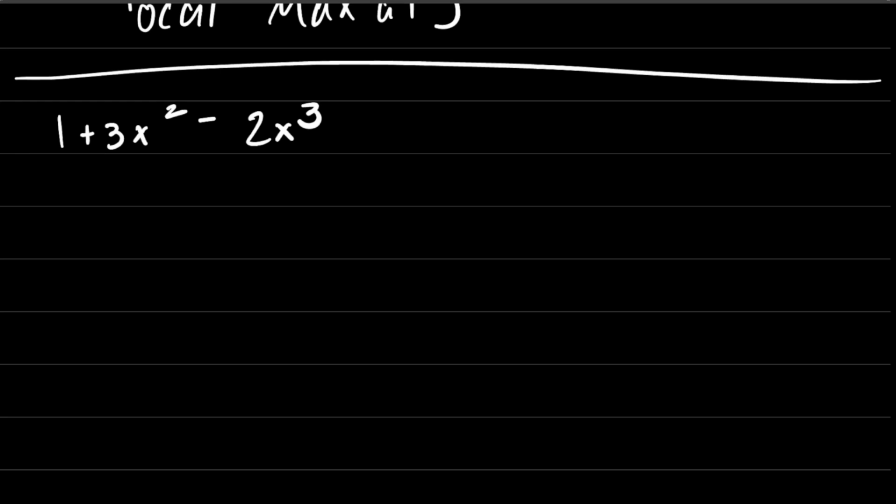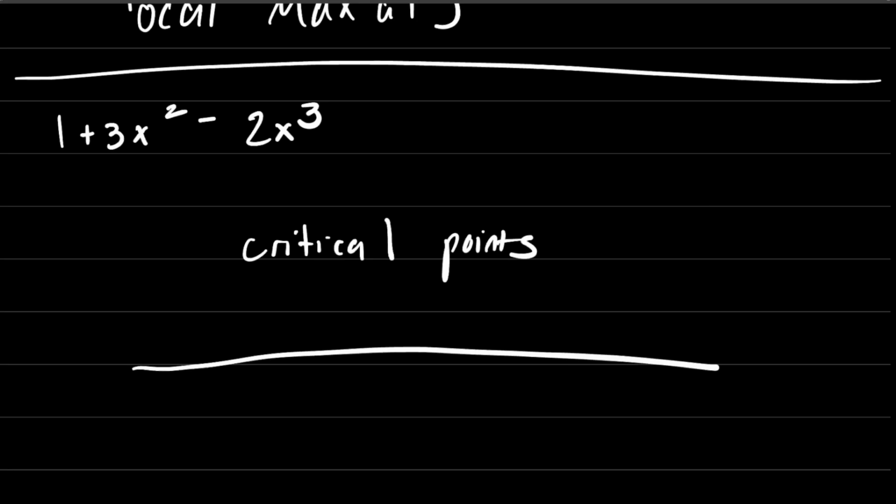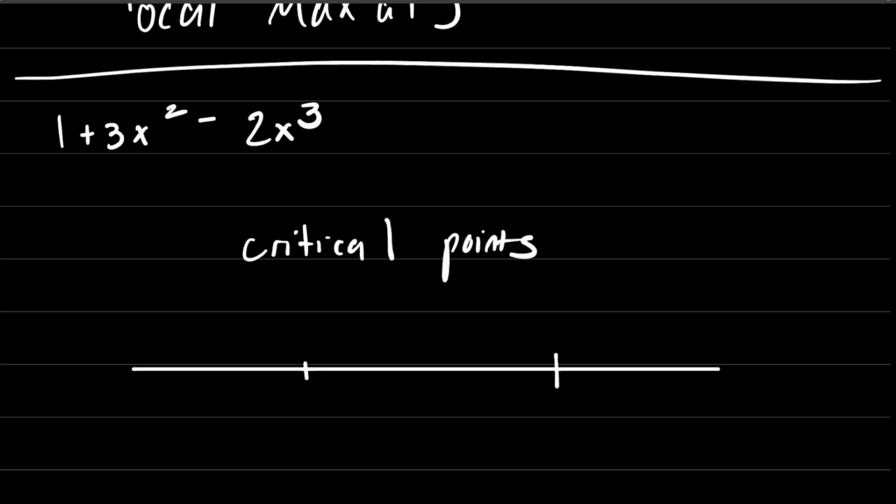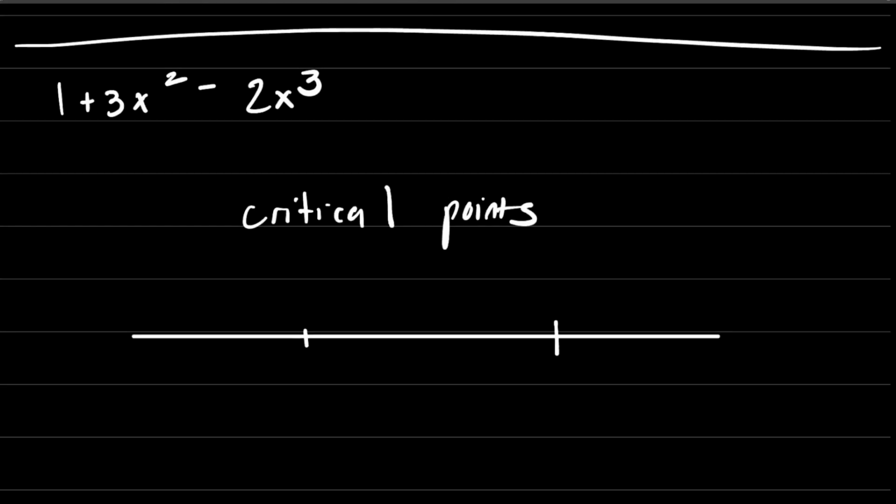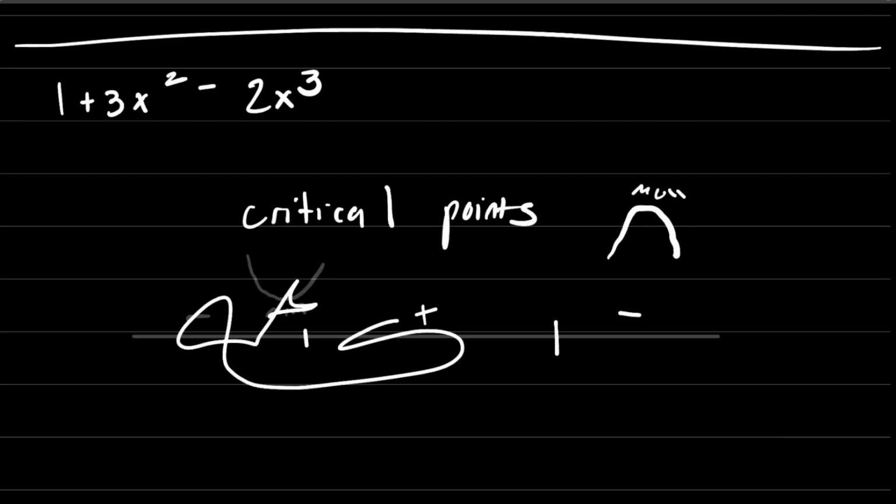The first derivative test is whenever you find the critical points, you mark them on a number line, and then you determine whether the values around them are positive or negative. If it's going from positive to negative, then it's a local max. If it's going from negative to positive, it's a local min. That's the first derivative test.